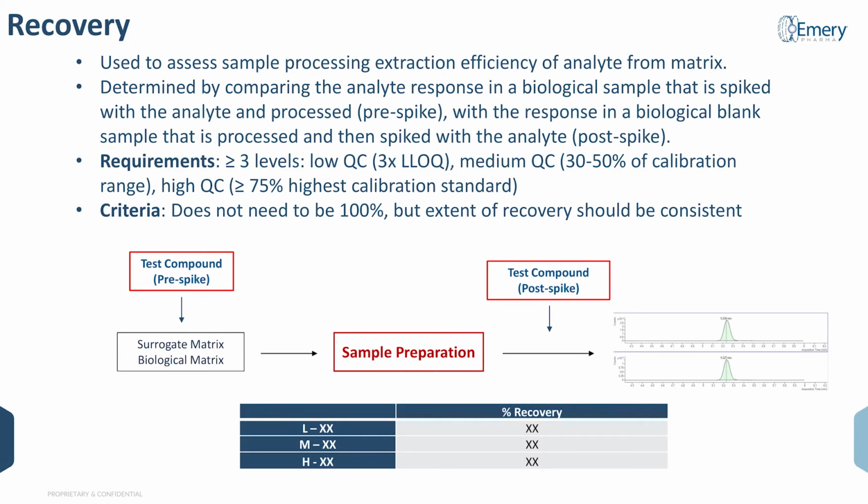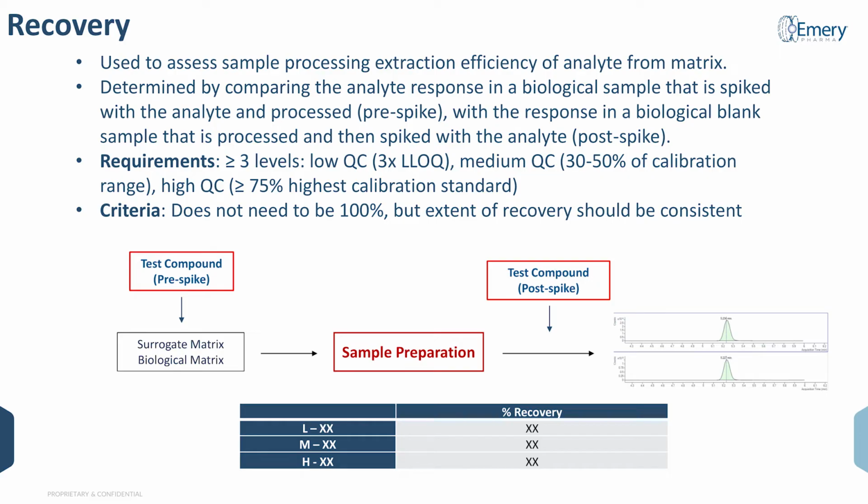Anytime we do bioanalysis, we have to do a recovery assessment. What is recovery? So recovery is used to determine how efficient the extraction is of your analyte from the different matrix. It's used by actually comparing the analyte response in a biological matrix when it's spiked before sample processing and then after sample processing. What do I mean by that?